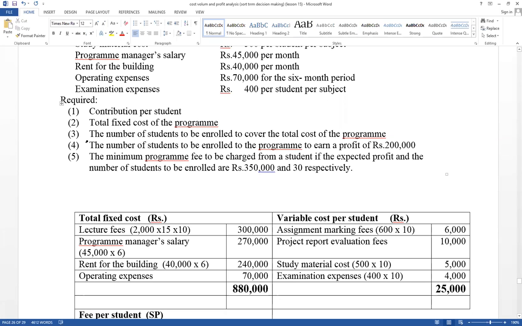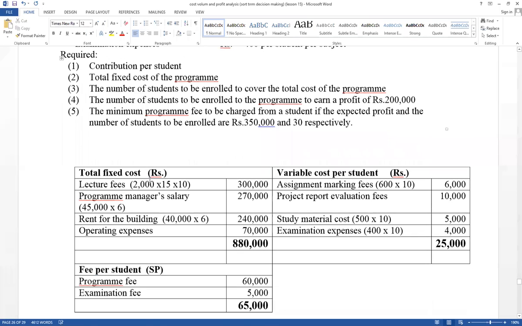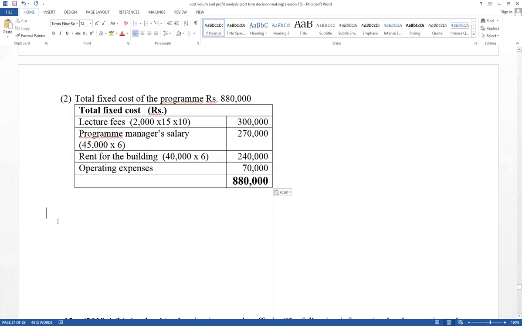Then write the equation. Third one, they ask for the break-even point quantity. Therefore, BEP quantity equals total fixed cost divided by contribution per unit.